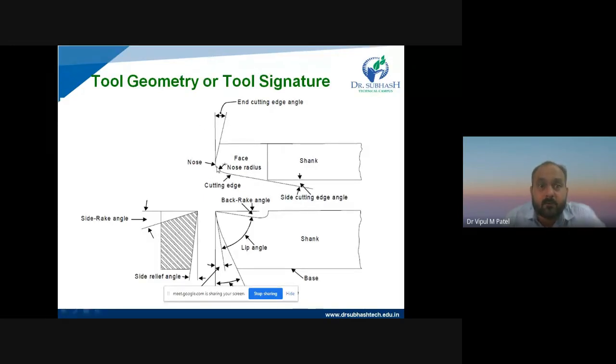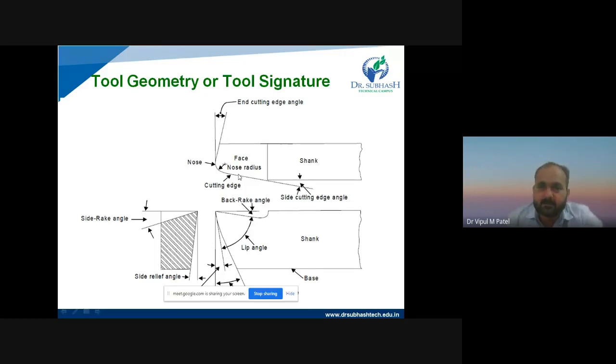This one is the end cutting edge angle. This one is the nose of the single point cutting tool. This one is the face of the tool, and this is known as the nose radius. This is the cutting edge that we use to cut the metal or material from the workpiece.